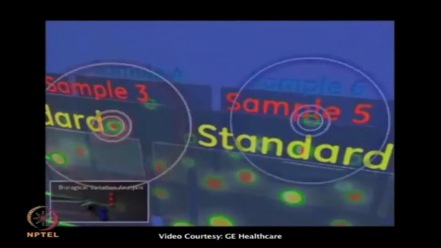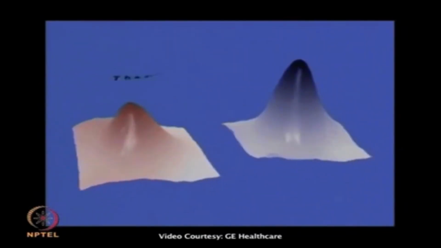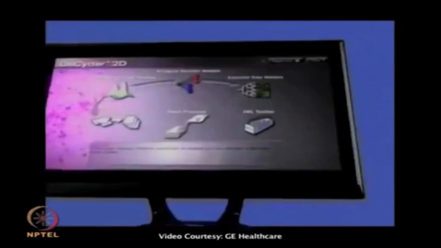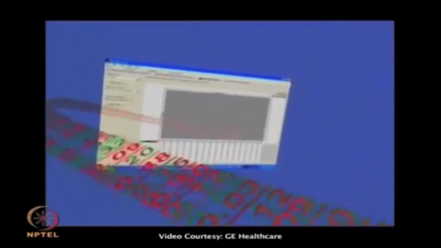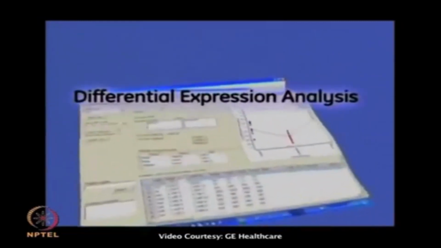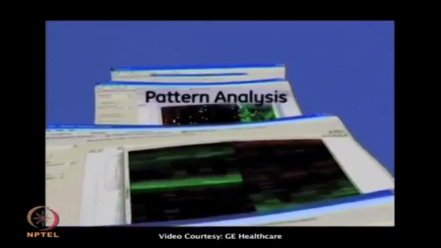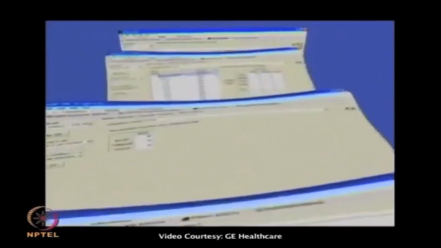Then these BVAs can be further analyzed in EDA, that is extended data analysis. Here you will have lots of stringent statistical data: differential expression analysis, pattern analysis, discriminant analysis, and PCA analysis.